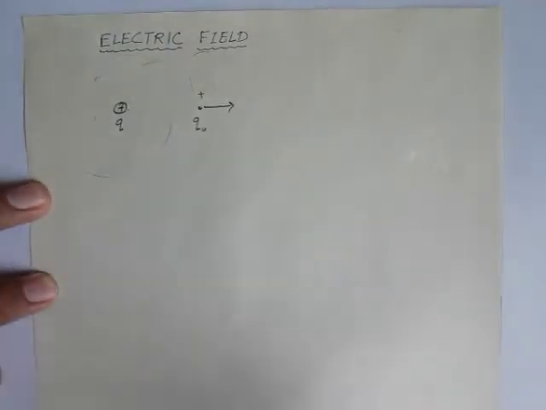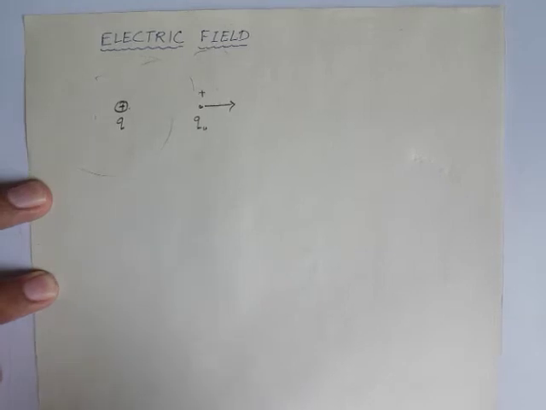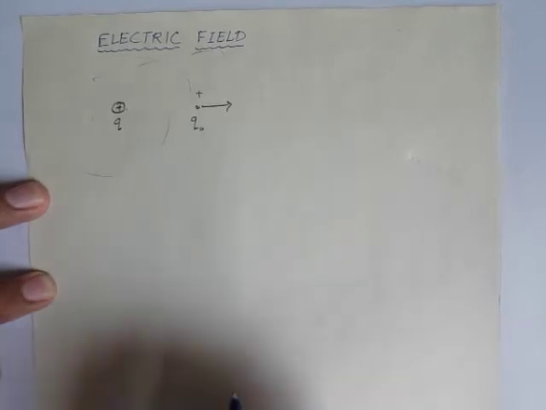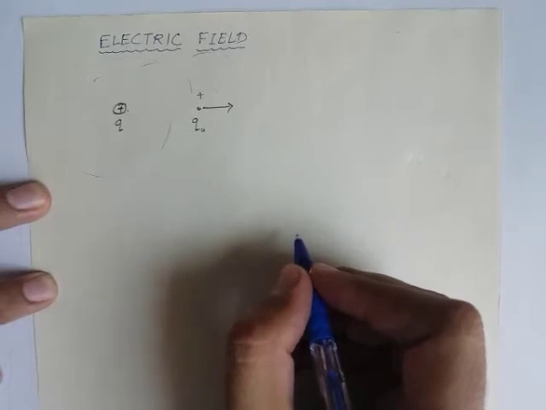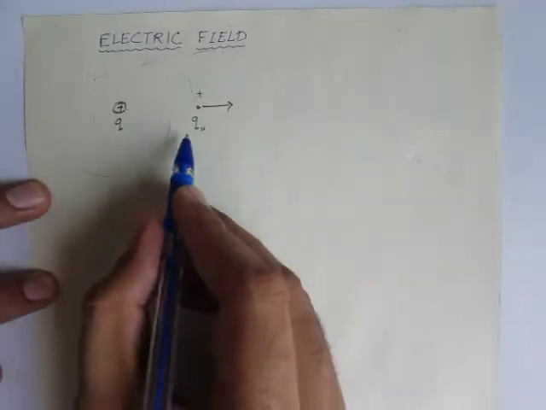and that is called electric field. And if we talk about that electric field, we can define the electric field at a point as the electrostatic force per unit test charge acting on a vanishingly small positive test charge placed at that point.